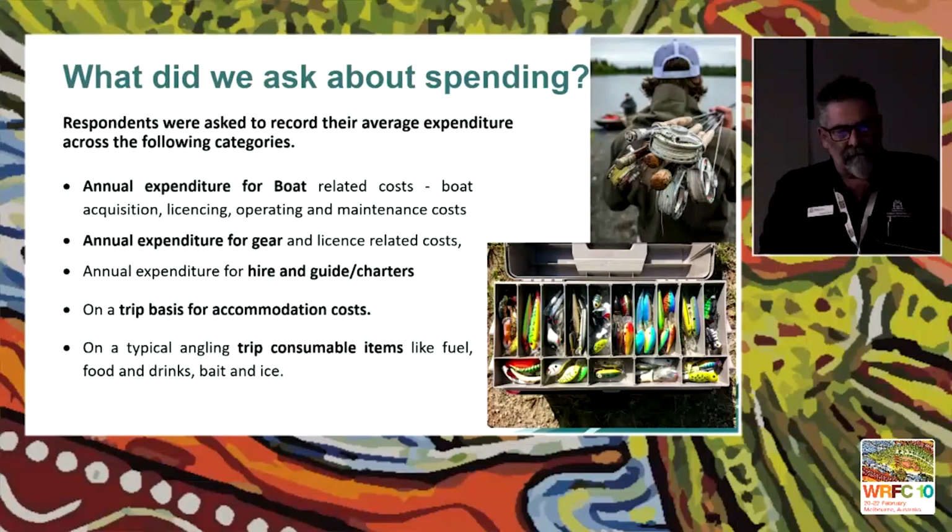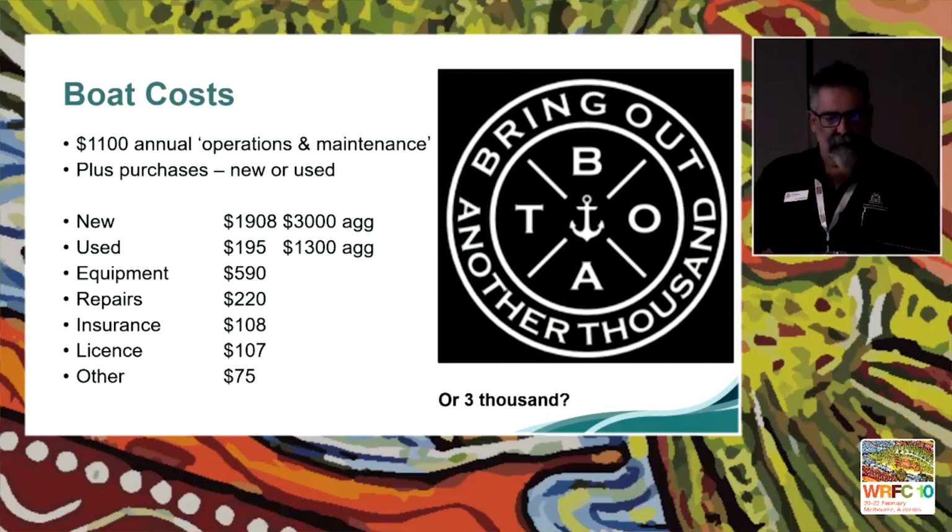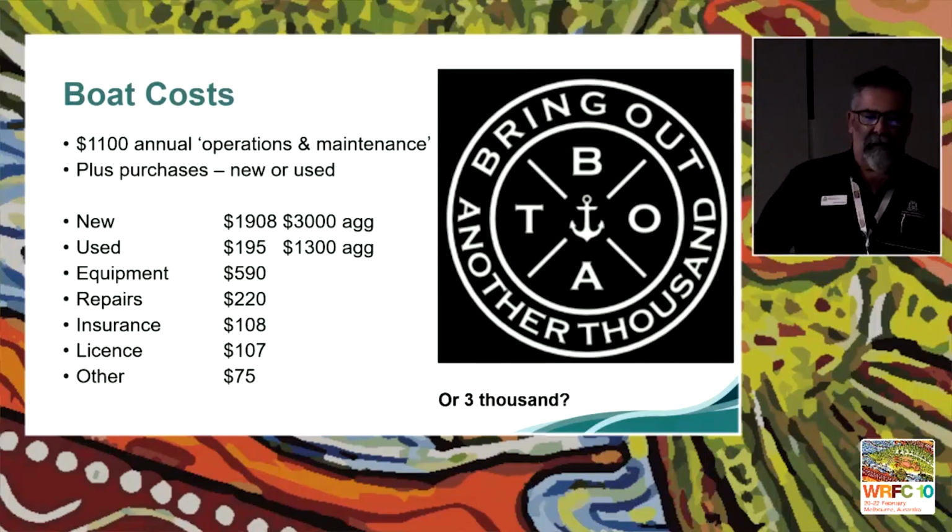So it was quite comprehensive, and we've been able to break down each of these elements so that we can roll up an aggregate expenditure estimate. So, the old saying, bring out another 1,000, or in this case, it's about 3 if you buy a new one. So, largely about $1,100 per annum on operations and maintenance of the boat.